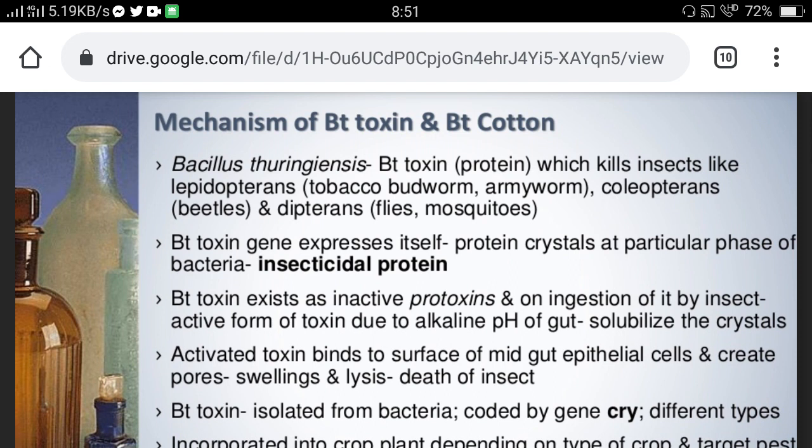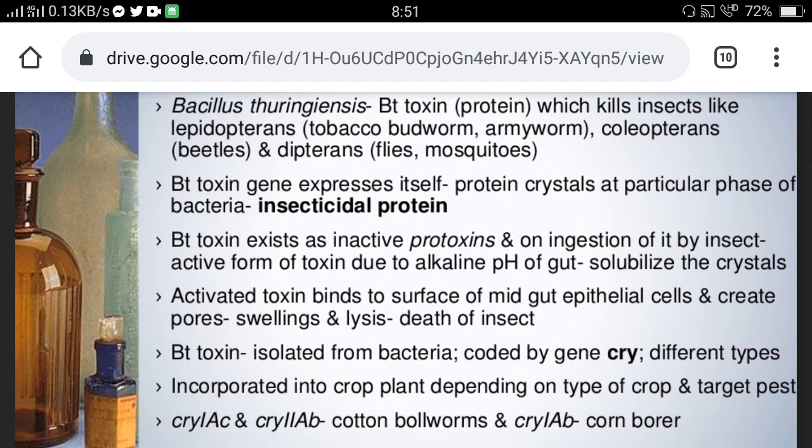Insecticidal protein: Bt toxin exists as inactive protoxin, and on ingestion by insects, the alkaline pH of the gut solubilizes the crystals into the active form of toxin. The activated toxin binds to the surface of midgut epithelial cells and creates pores, causing swelling and lysis, and death of the insect.